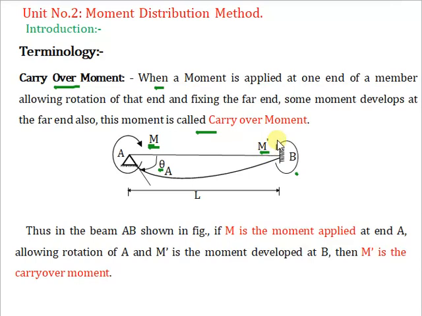So M dash is the carryover moment due to the application of the moment M at A, the moment created or carried at the far end.